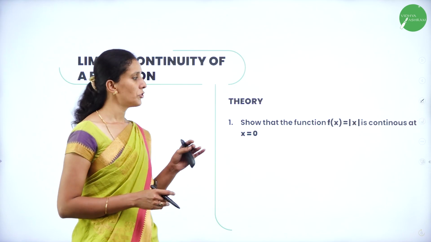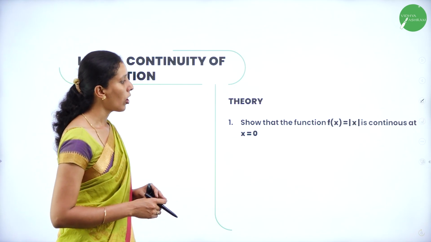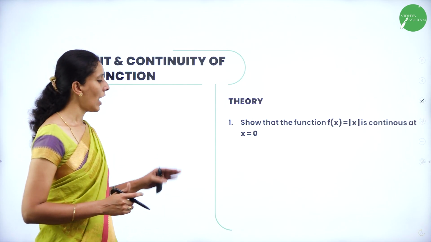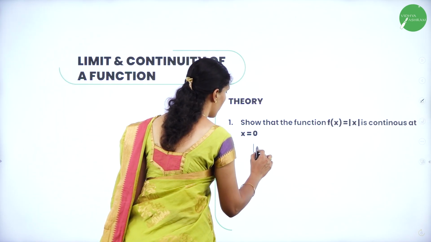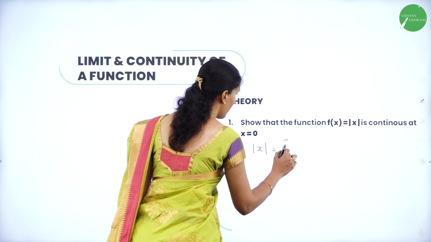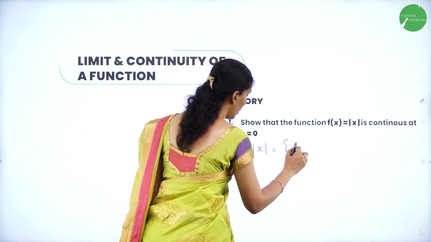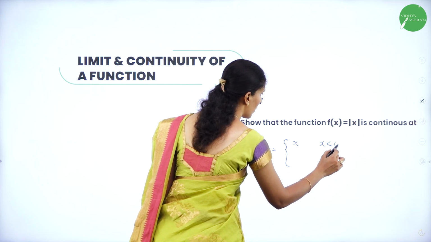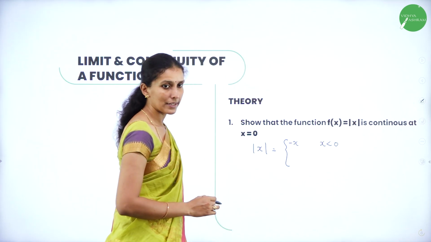Now here, show that the function modulus x is continuous at x equal to 0. How is a modulus function defined? The modulus function is defined for all x less than 0 as minus x.